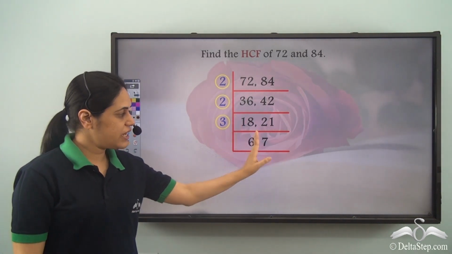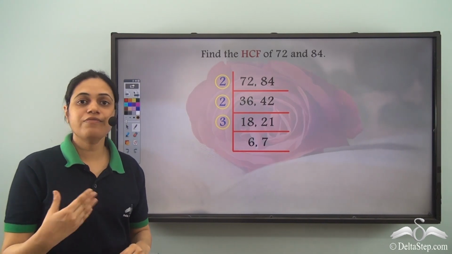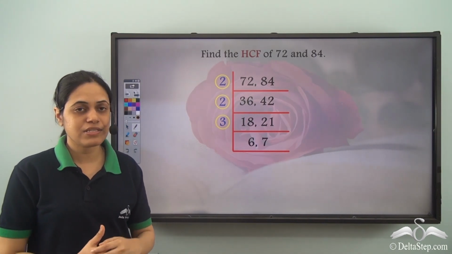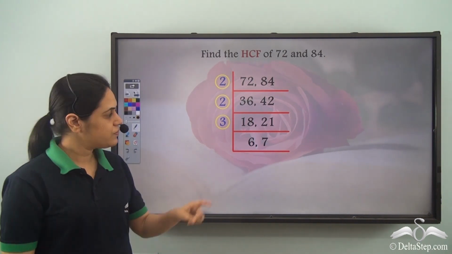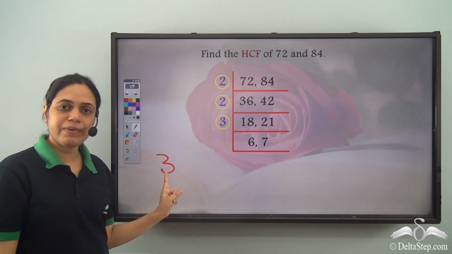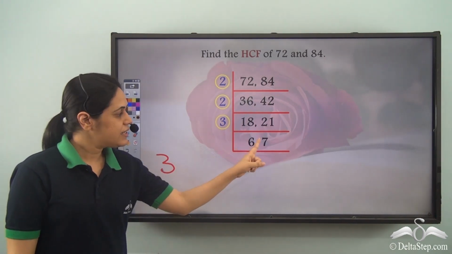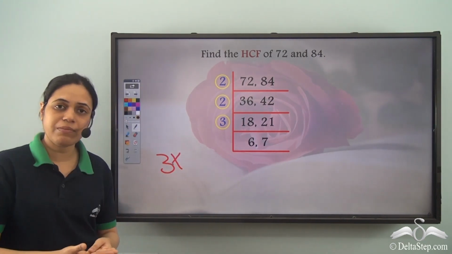Now I have got 6 and 7. So I need to check whether they are divisible by further common prime factors. So I check for 3. Is 6 divisible by 3? Yes. Is 7 divisible by 3? No, 7 is a prime number.